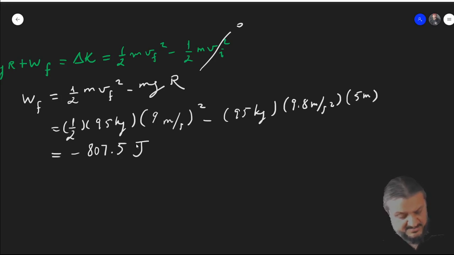I'm just going to check the answer. Chapter 6, problem 23, negative 550 joules.